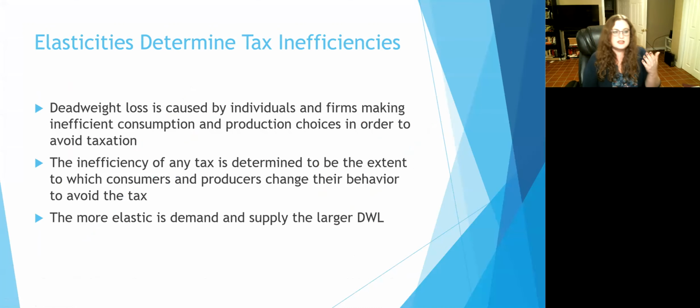So elasticities, the slopiness of that line, that really determines the tax inefficiency or not. How much of our total surplus are we going to be losing? Deadweight loss is caused by individuals and firms making inefficient consumption decisions, not choosing to consume the right amount of a good, or by choosing too much of a good, or if we have these regulated markets that cause us to not act like we otherwise would.